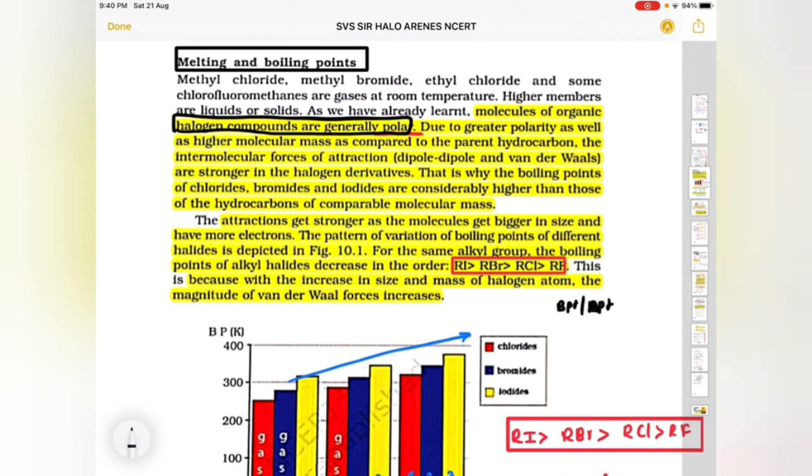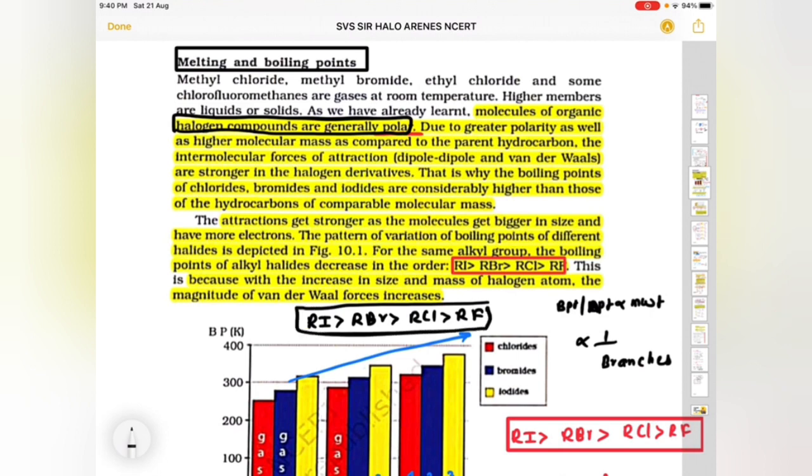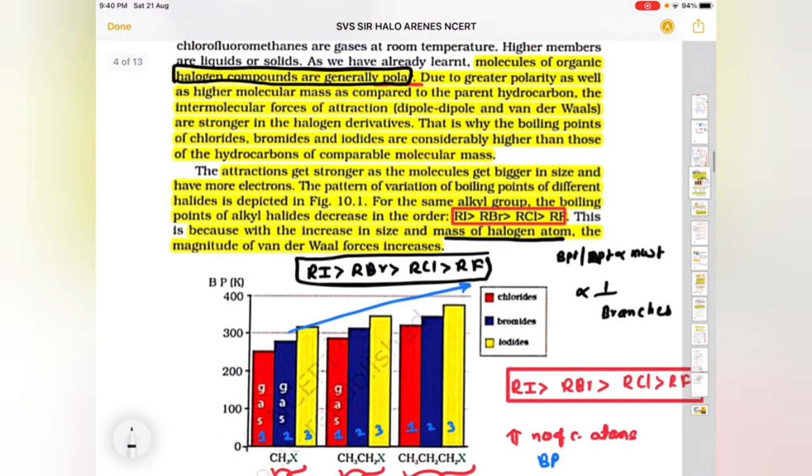Boiling point and melting point are directly proportional to molecular weight and inversely proportional to branches. And alkyl iodides are higher compared with alkyl bromides, alkyl chlorides and alkyl fluorides. As the mass of halogen increases, boiling point increases because van der Waals forces are increasing.